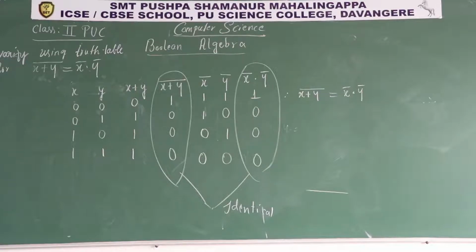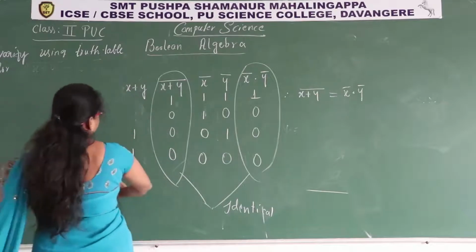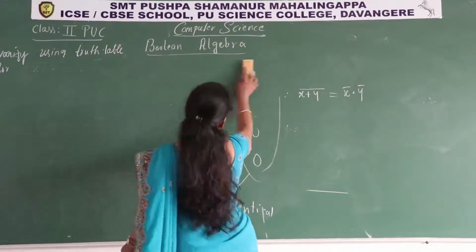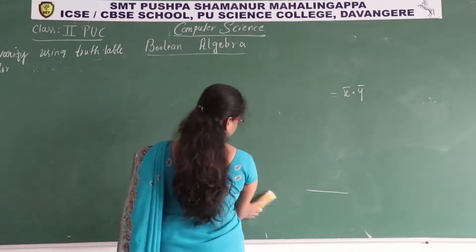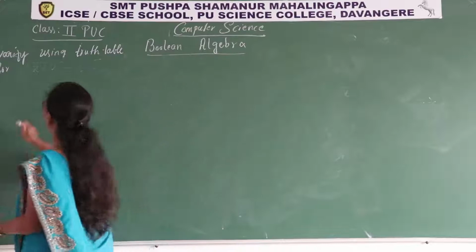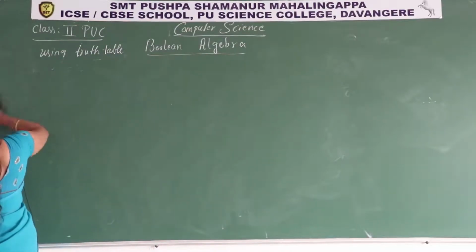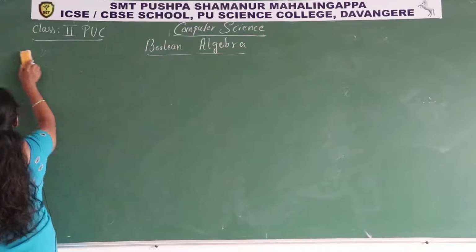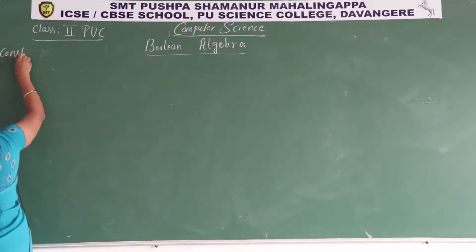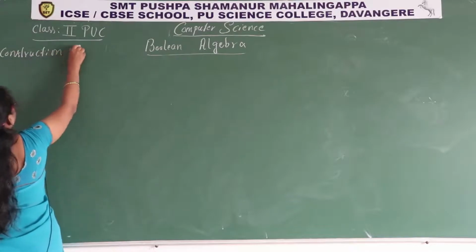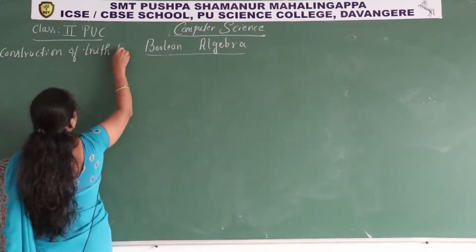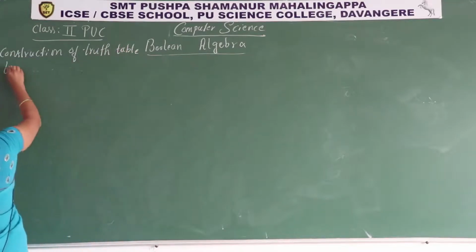Next, x into y bar plus z bar. So it is not a verification, it's a construction of truth table for the following.